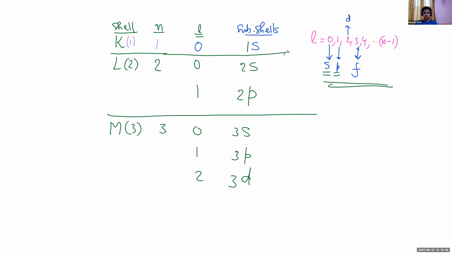So 1D is not possible, 2D is not possible. 3D is possible, 4D, 5D, 6D are possible.